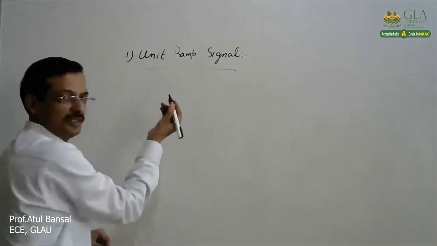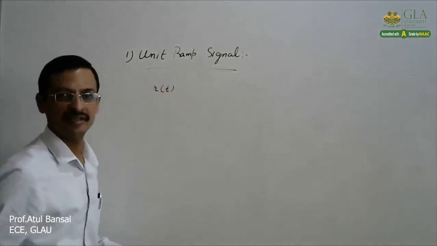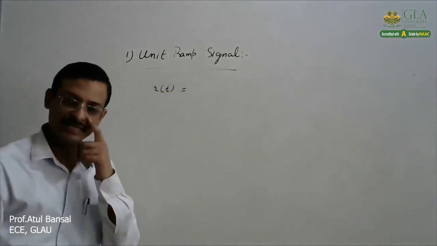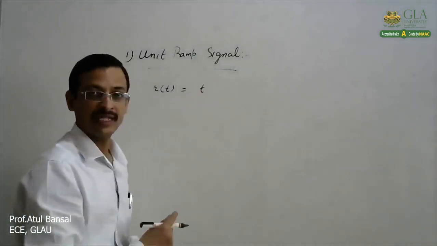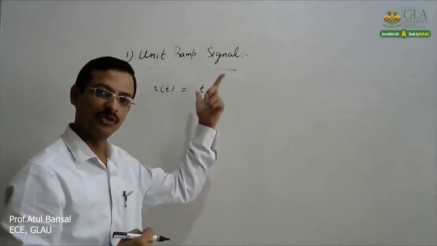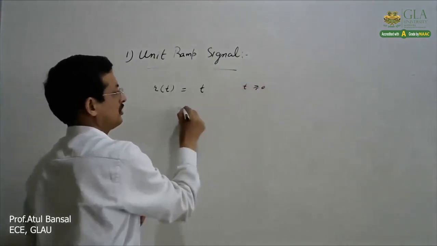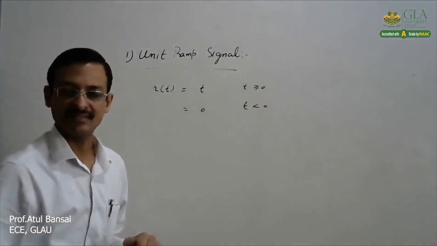It is denoted by r(t). So r(t) is equal to t. That is increasing linearly. At 0 it will be 0, at 1 it will be 1, at 2 it will be 2, like that, for t greater than or equal to 0, and it is 0 for t less than 0.